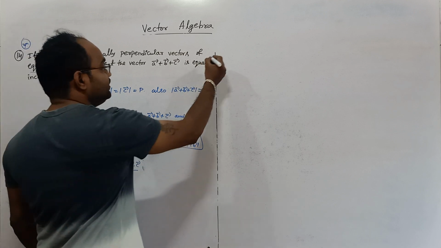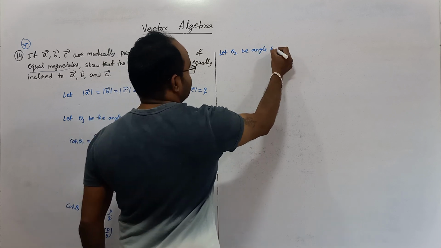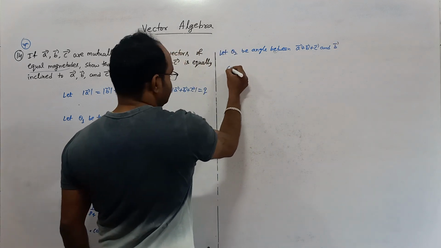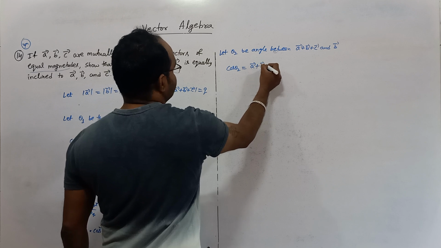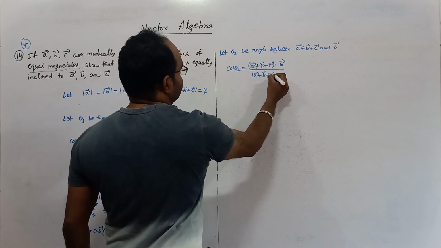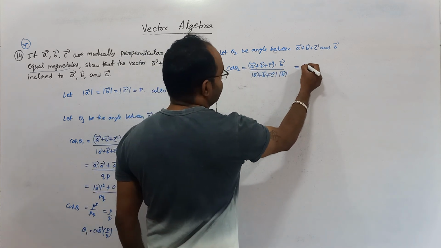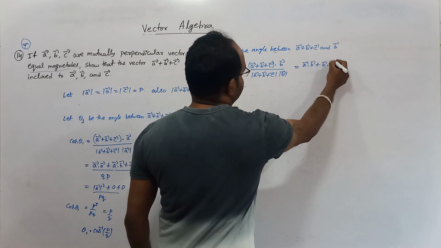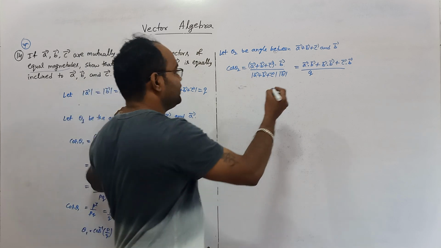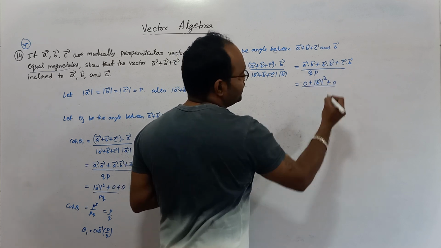Let it be. Next, similarly, let theta 2 be the angle between A plus B plus C and vector B. So cos theta 2, applying the same formula, A plus B plus C dot vector B divided by magnitude of A plus B plus C into magnitude of vector B. Simplifying, A dot B plus B dot B plus C dot B divided by magnitude A plus B plus C, which is Q, and magnitude of vector B is P. So A dot B is 0, B dot B is magnitude B whole square, C dot B is also 0 because they are mutually perpendicular vectors.